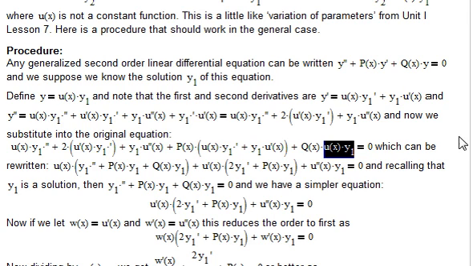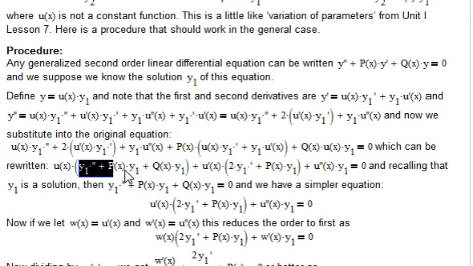So now, messing around with this a little bit, factor out, see there's a u of x here, and here, and here. So let's factor the u of x out of those terms. We get y1 double prime plus p of x times y1. That should be y1 prime.